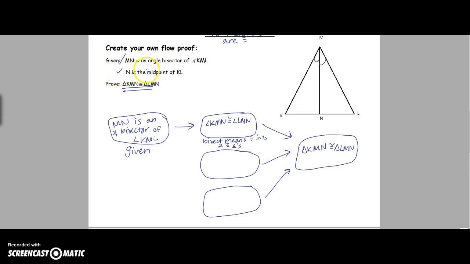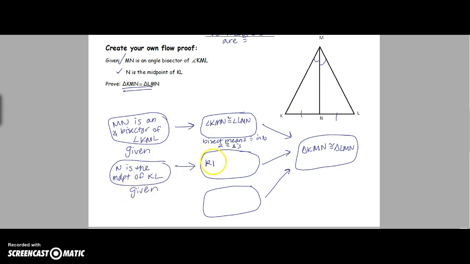The next one is N is the midpoint of KL. Well, that's not a congruency statement, so we need to have one more bubble out here. So N is the midpoint of KL. That's not a congruency statement, but it was given to us.